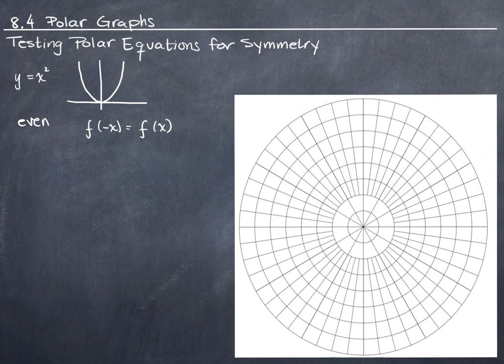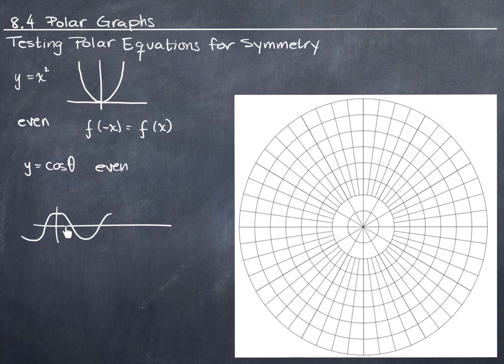It turns out that y equals the cosine of theta is an even function. If you graph y equals the cosine of theta, and you plug in, say, pi over 4, there's pi over 4 right there.